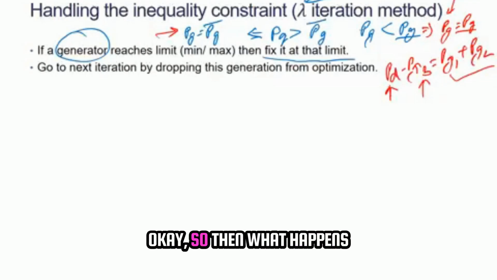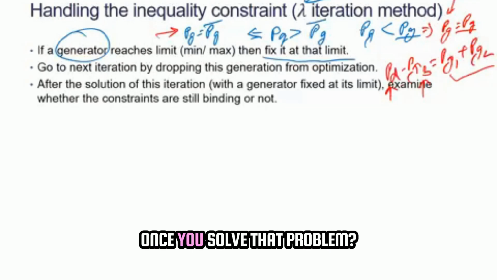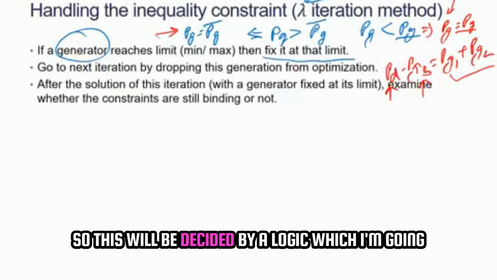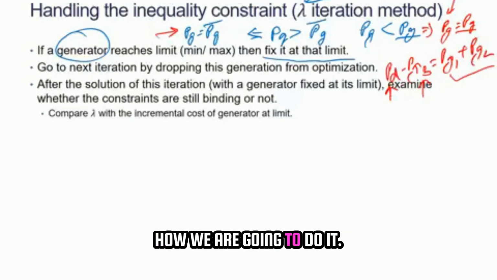Okay, so once you solve that problem, PG1 plus PG2 equals PD minus PG3. Now we have to check whether PG3, which we assumed to be fixed, should remain fixed or should change its value. This will be decided by a logic which I'm going to tell you, and you will appreciate how we are going to do it. Basically, the idea is you have to compare the lambda values.